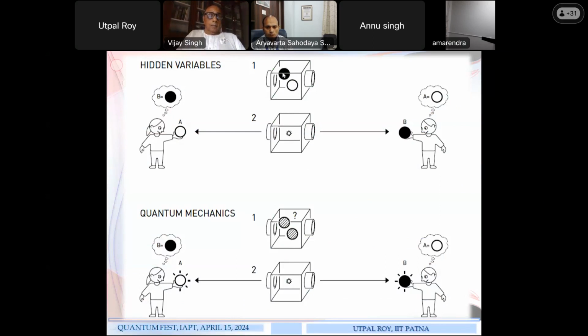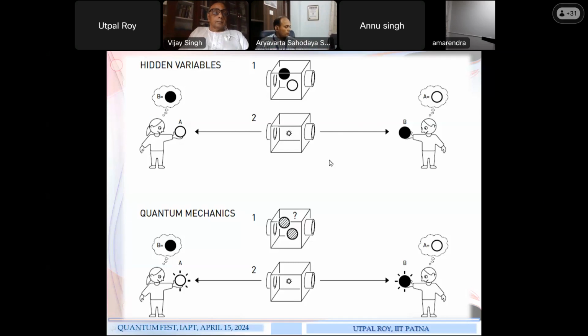Now I have kept these two balls over here, and this machine is shooting the balls in both sides, and this person receives the ball which is white color. Now the color with the other friend will definitely be black.